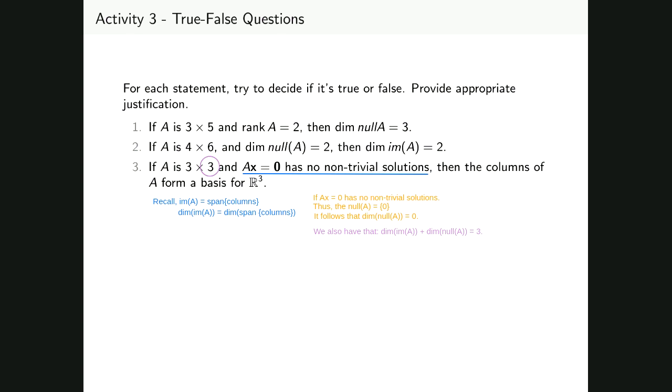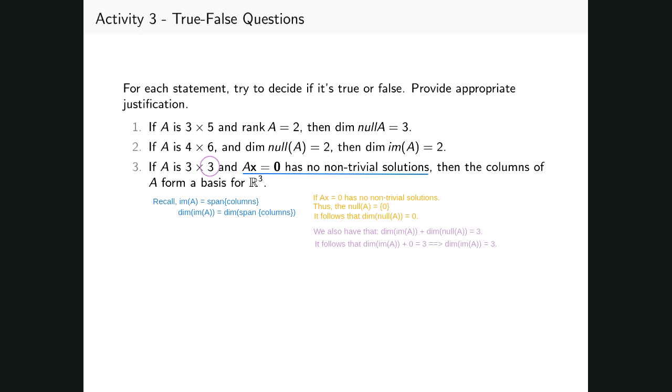Putting that together with what we know, it follows that the dimension of the image must be 3.